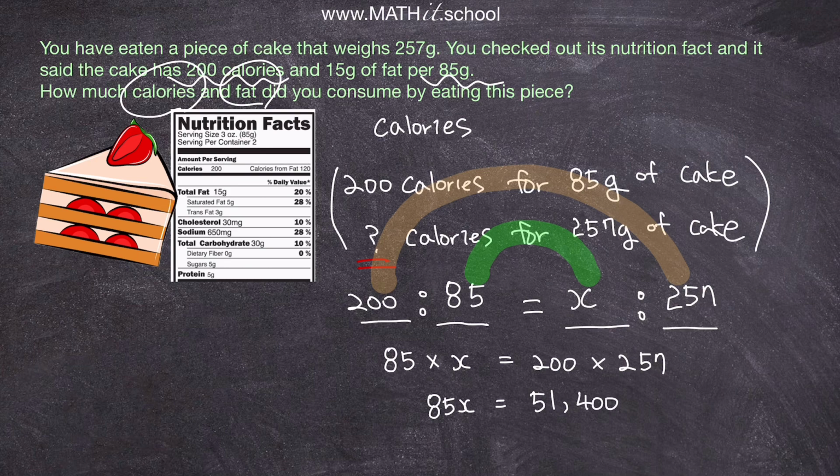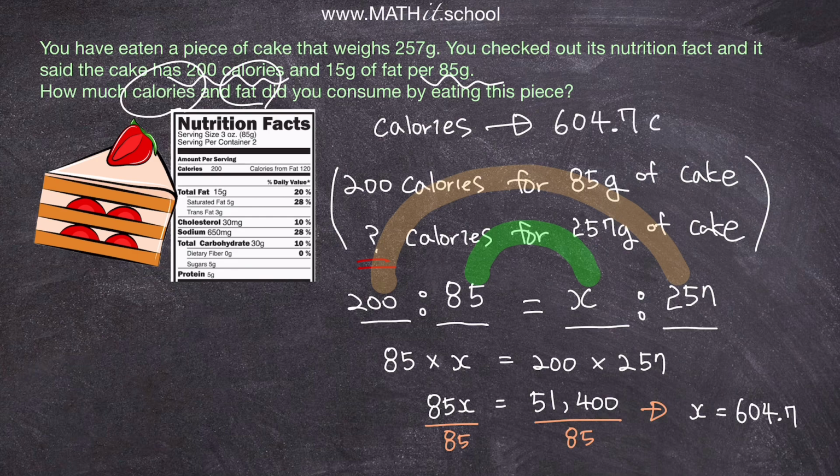If I divide both sides by 85, I get x equals 604.7. So it's 604.7 calories for a cake that weighs 257 grams.